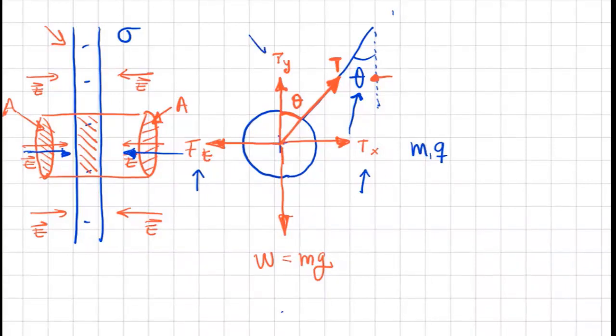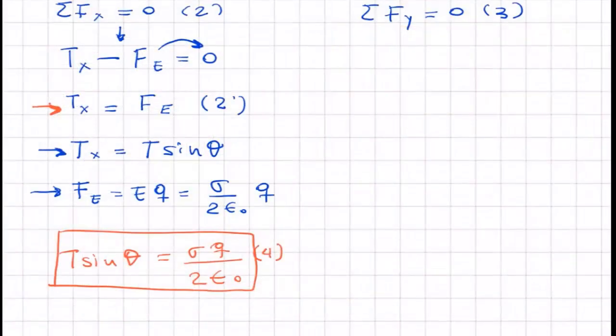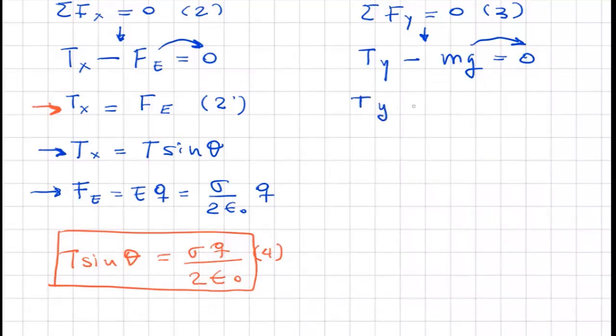We have the y component of the tension pointing upwards, and the weight pointing downwards. So Ty minus mg is equal to 0. We move mg to the other side, so Ty is equal to mg.